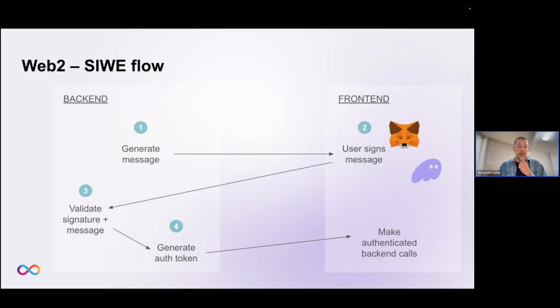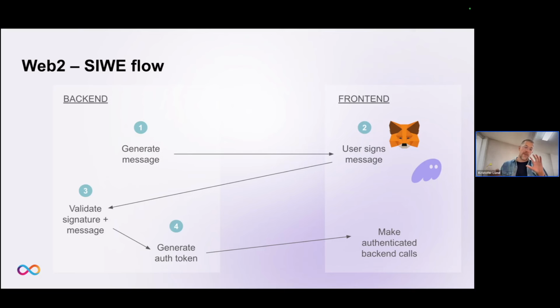The third step is this signed message is sent back to the backend, where the message is validated, and the signature is validated against the message, and the Ethereum address is recovered again.